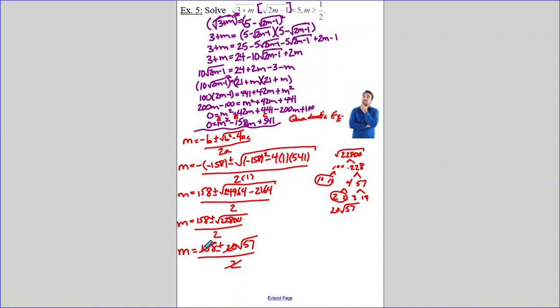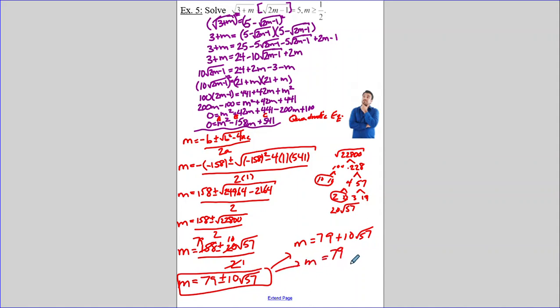So 158 simplifies down to 79, 20 simplifies down to 10, 2 simplifies down to 1, and then I have 79 plus or minus 10 root 57. Here are my two solutions. So I've got one solution where it's 79 plus 10 root 57, and I've got another solution where m is equal to 79 minus 10 root 57.